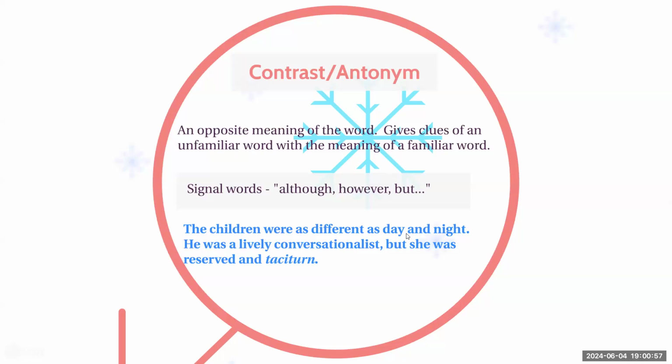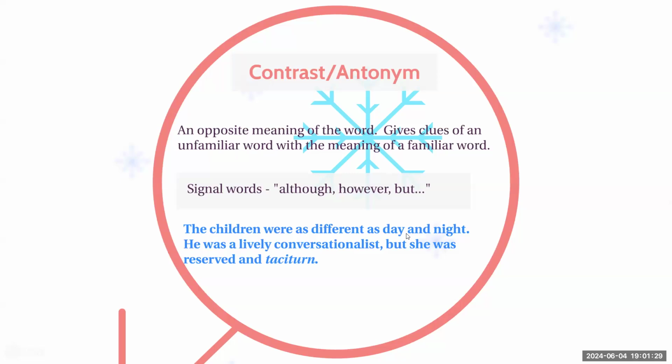So if I'm saying, I like cheese, but I don't like potatoes. By saying but, I'm saying the opposite, right? Okay, so those are called signal words that show us that there is a contrary or a contrast or the opposite in the next part of the sentence, okay?